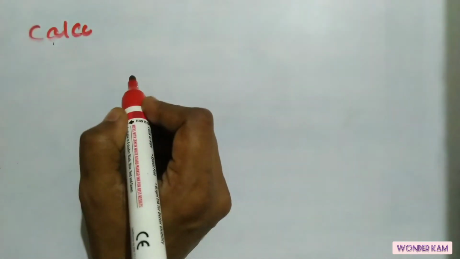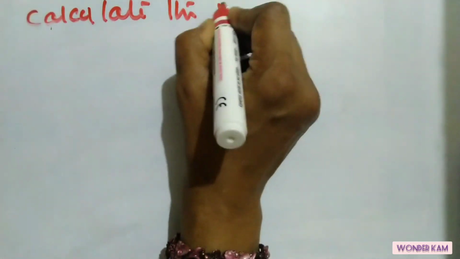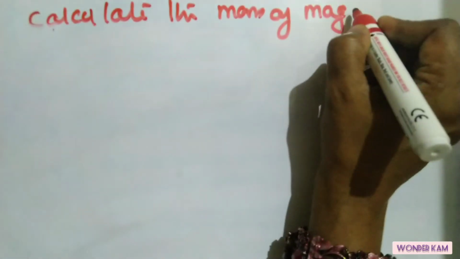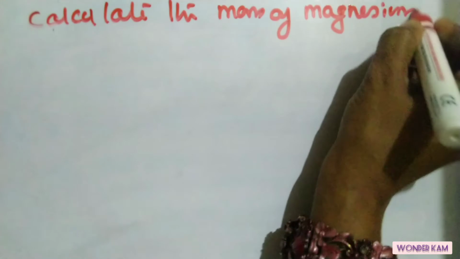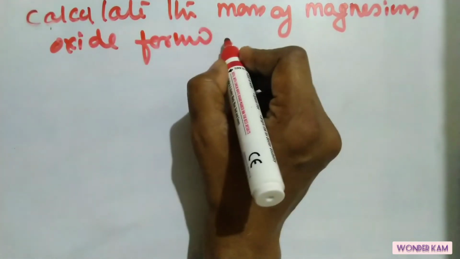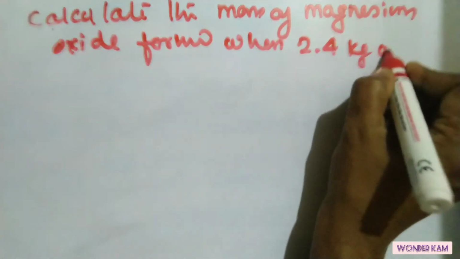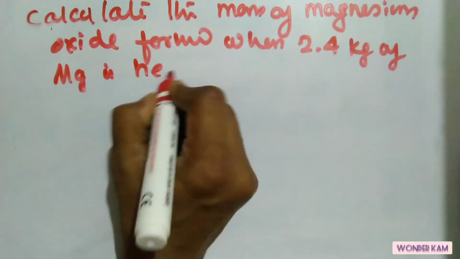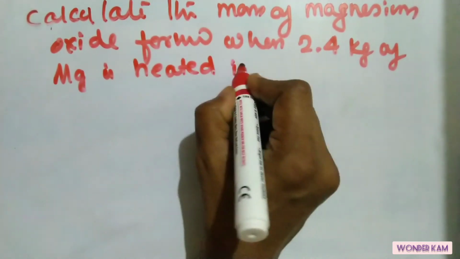One more similar type of problem: calculate the mass of magnesium oxide formed when 2.4 kg of magnesium is heated in oxygen.